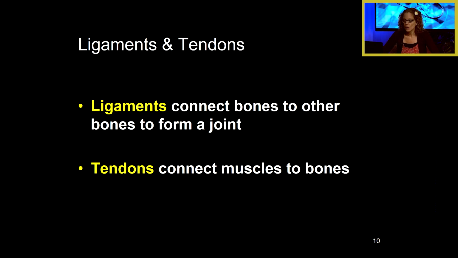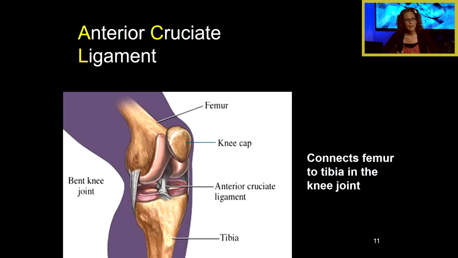Ligaments and tendons are also very important. Ligaments connect bones to other bones to form a joint, and tendons actually connect muscles to bones. So those are two important things to know. And also an example here. You hear people talk about an ACL tear.